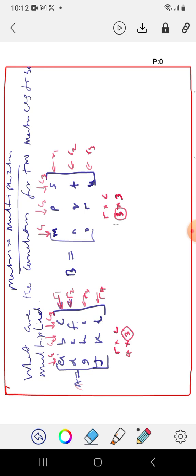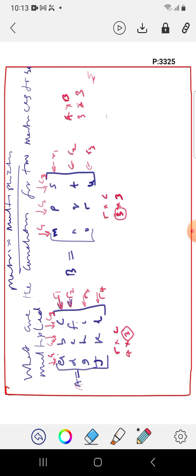For instance, we can do A times B in this case because the columns of A is 3, and the rows of B is 3 as well. But if we switch it, let's look at B times A.